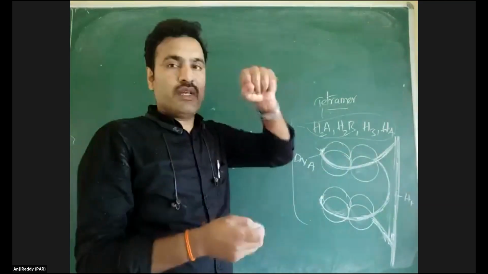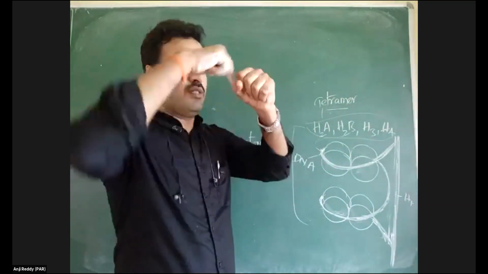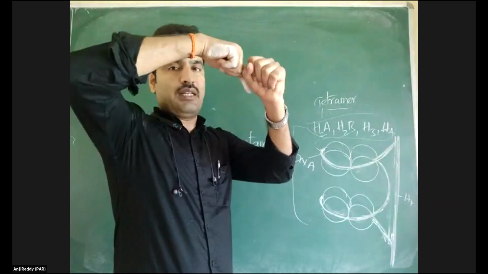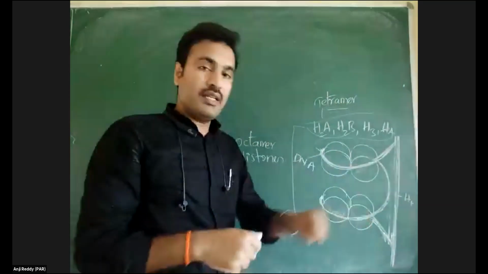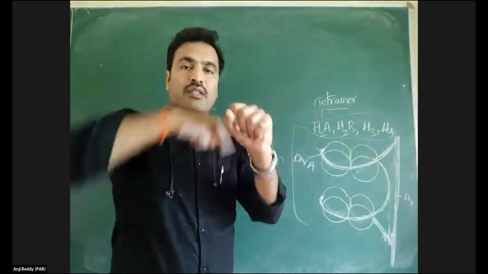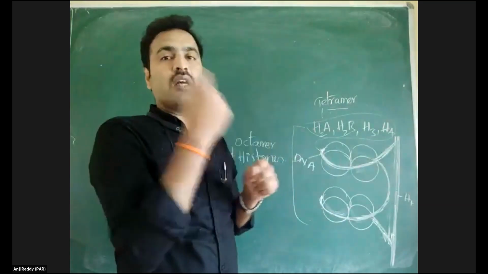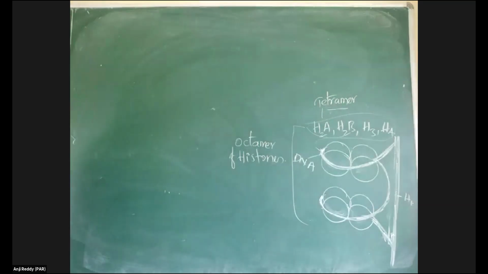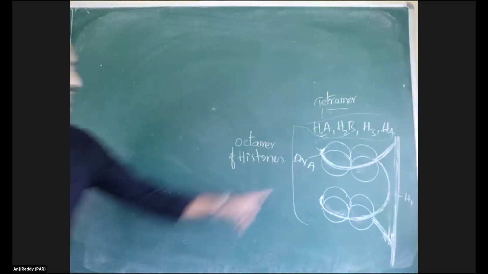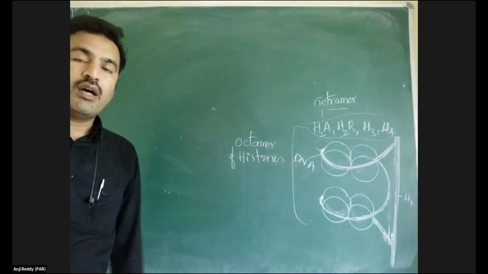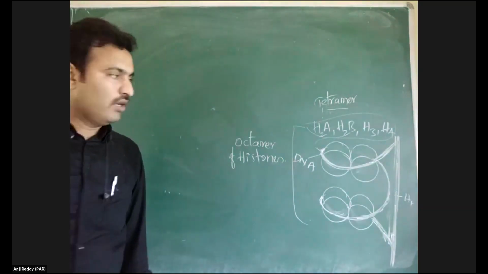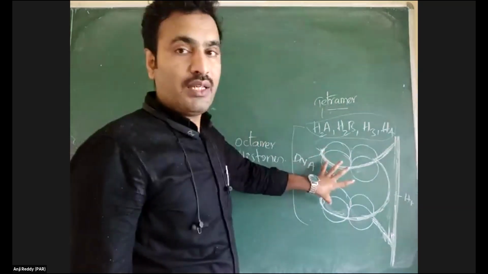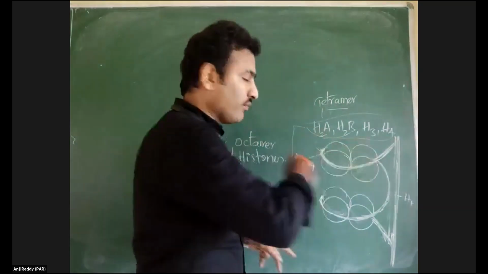Suppose this is one tetramer, and at the bottom another tetramer is there. DNA is coiled around that tetramer. 2 turns of DNA coil are present. So there is formation of one octamer with 2 turns of DNA.